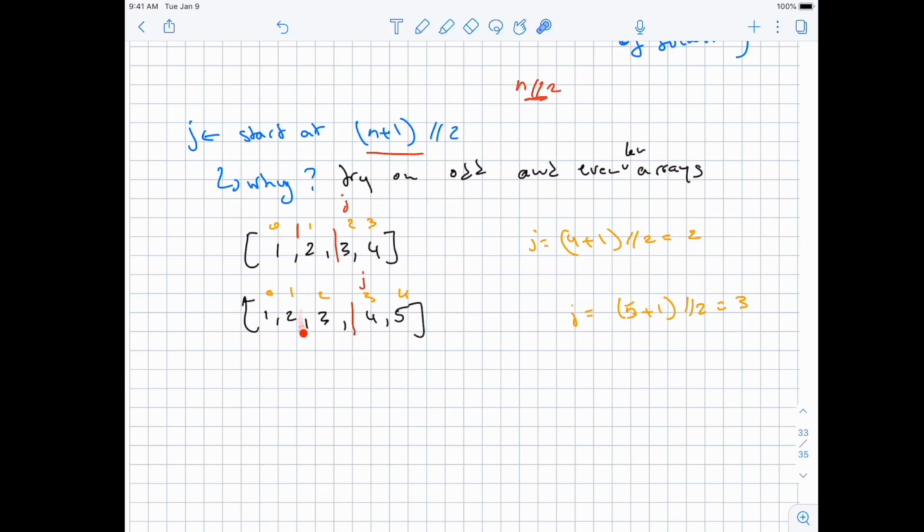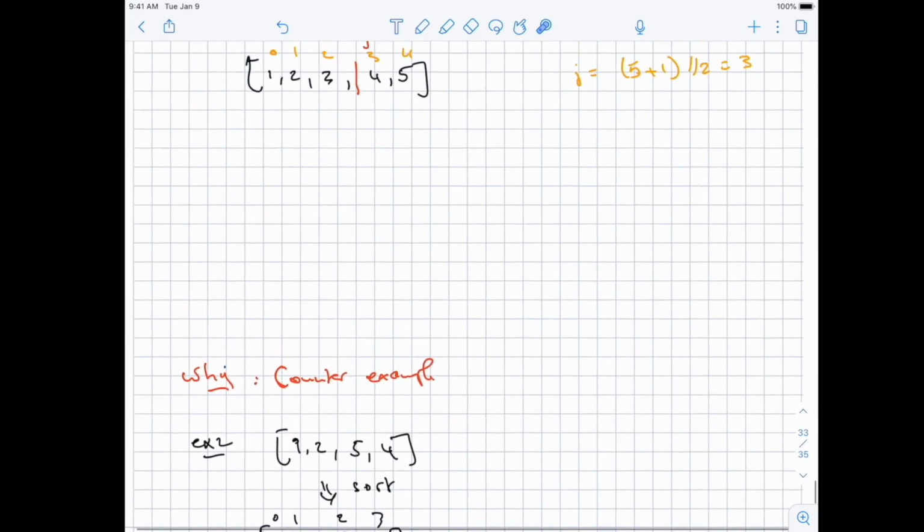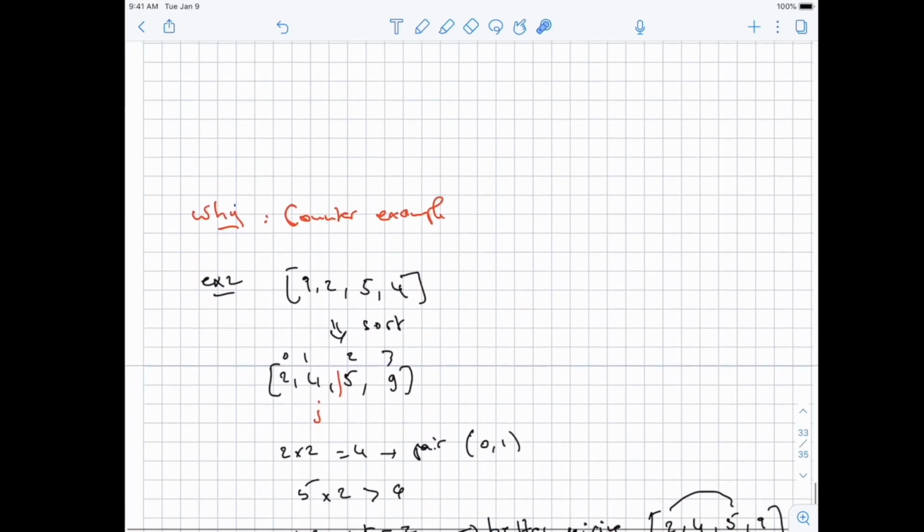But putting j here doesn't maximize your chance of finding bigger elements, while putting it here maximizes your chance, and anyway you only get at most 2 pairs. So may as well put it in the place where you have the highest chance of finding a valid pair.